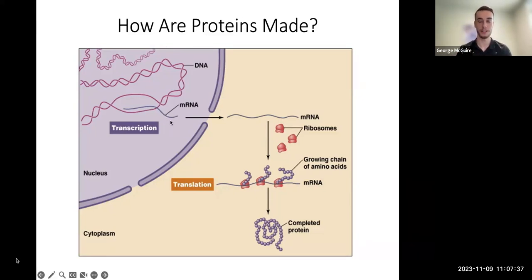So again, transcription is copying the instructions from DNA into mRNA, and then translation is the ribosome reading those mRNA instructions and turning that into a sequence of amino acids, which we call a polypeptide.